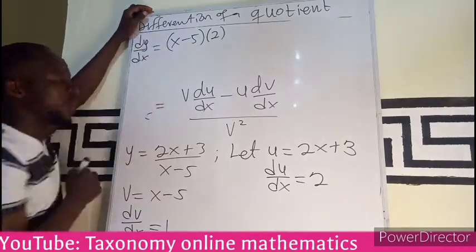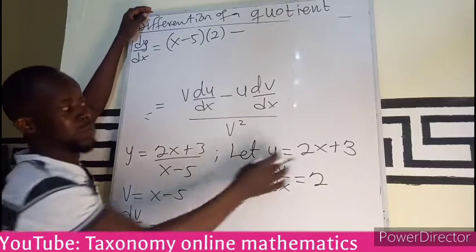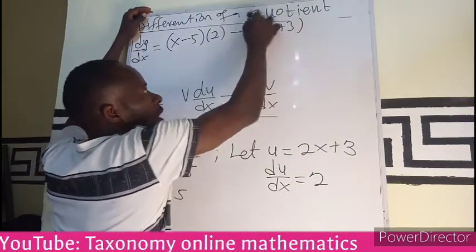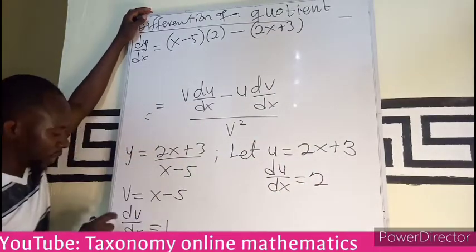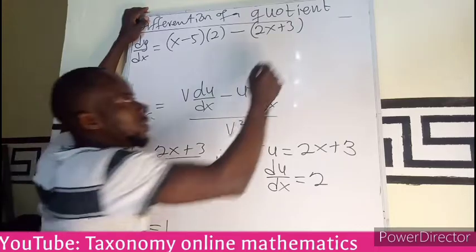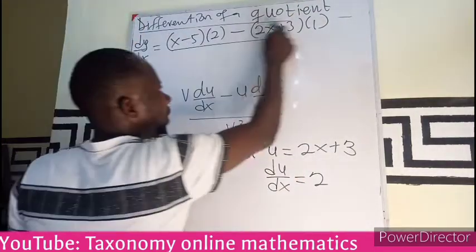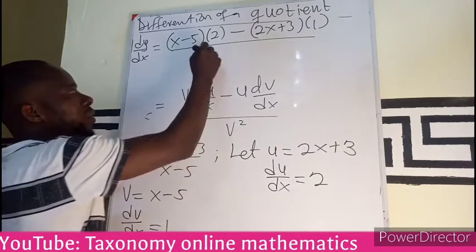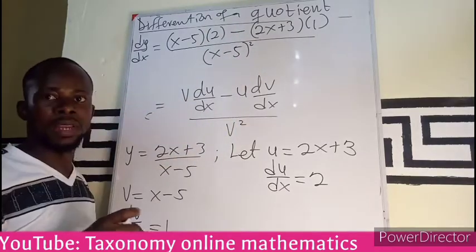Then minus the u function, which is 2x plus 3, all in bracket, multiplying the differentiation of v, which is just going to be 1. All this function is divided by the square of v, which is x minus 5 all squared.